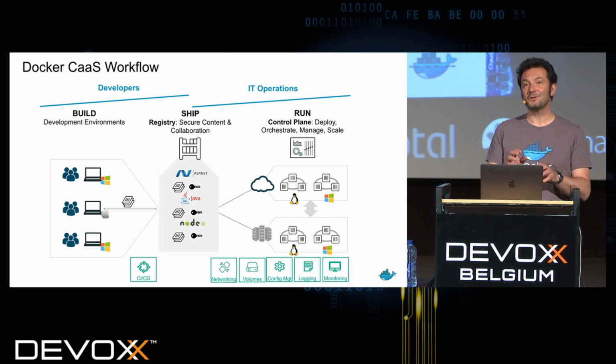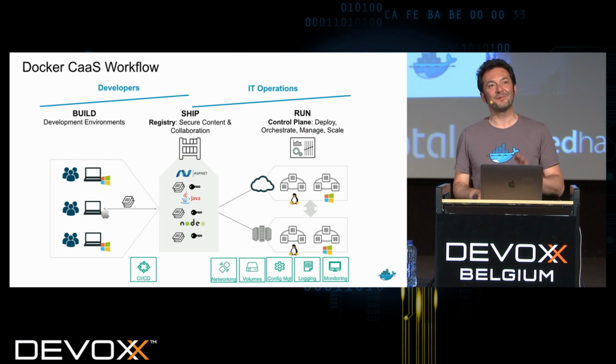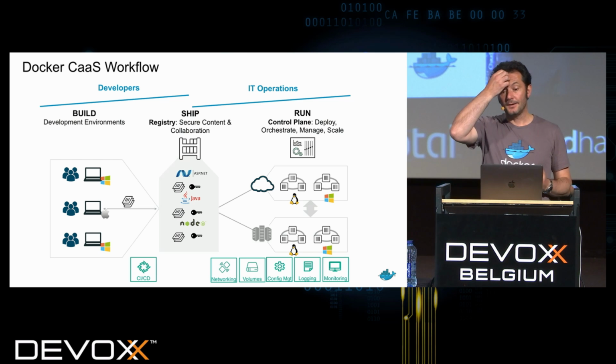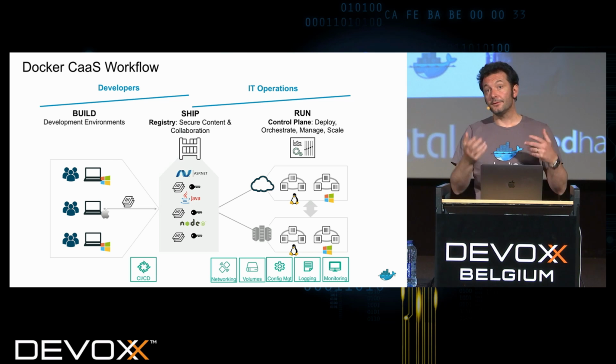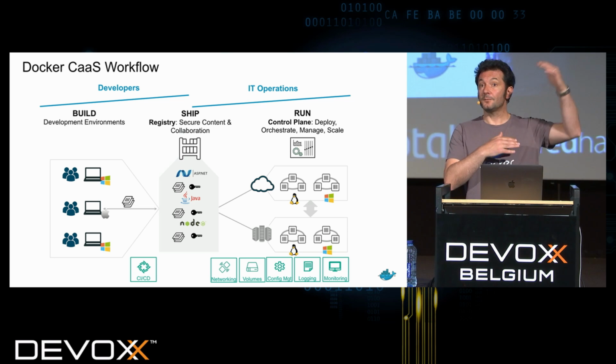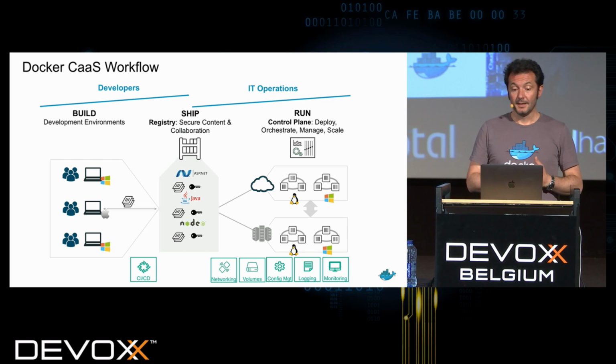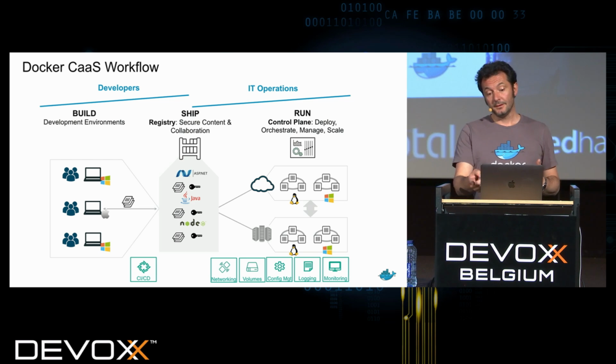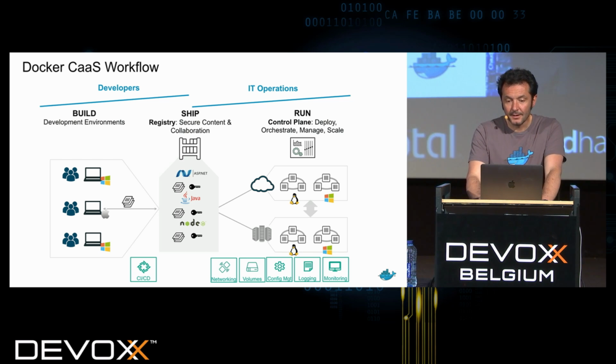If you search for Jenkins Docker, you'll probably find lots of documentation for the many ways you can integrate Jenkins and Docker. And then Maven is integrated with Docker as well. So in Maven, you can build your images and push your images to a registry as part of the build steps. And then there are all the plugins for networking, volume, configuration management, logging, and monitoring.